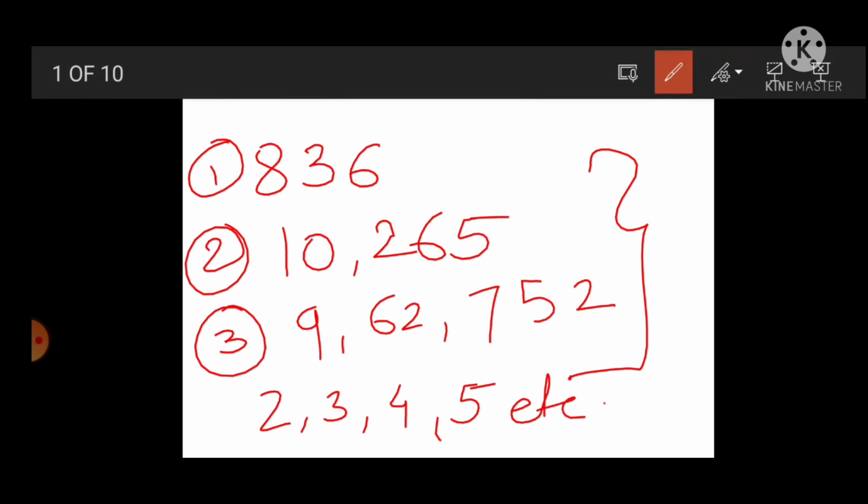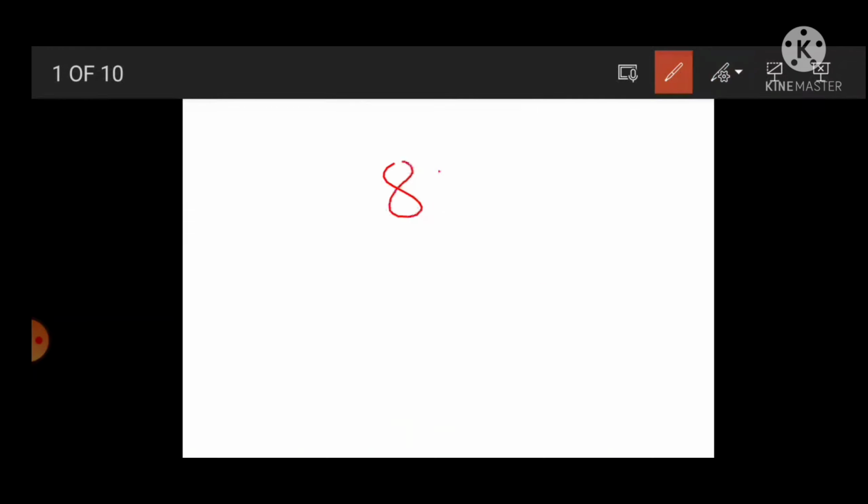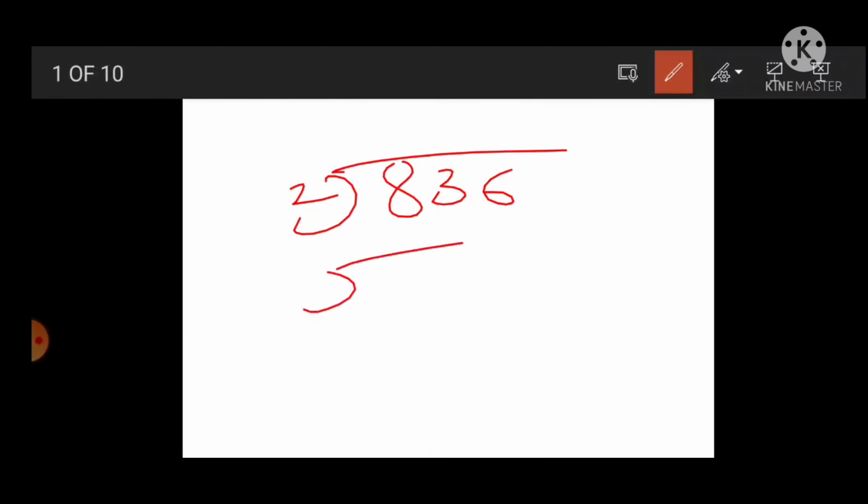But when we are dealing with bigger or large numbers, what will happen? It is time consuming. Why? Each and every time we have to check whether 836 is divisible by 2, carrying out this division, or by 3 or 4 or 5, like this using the long division method.